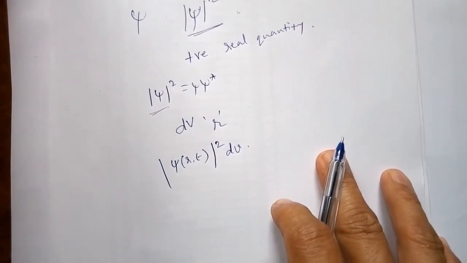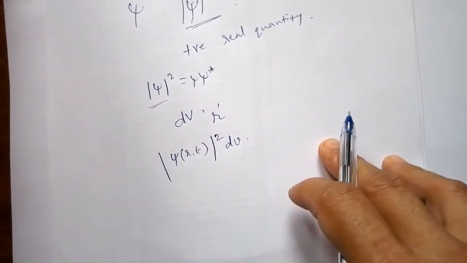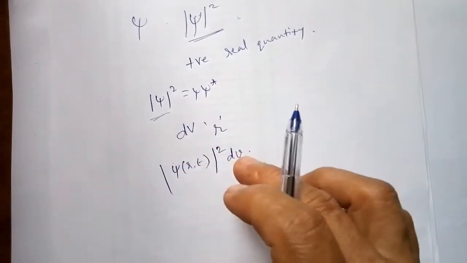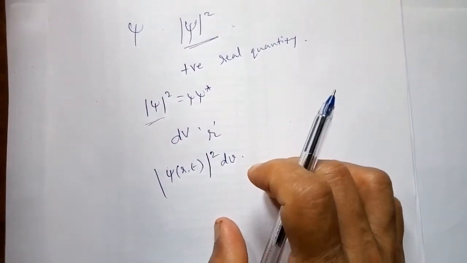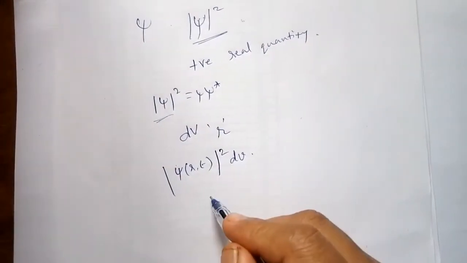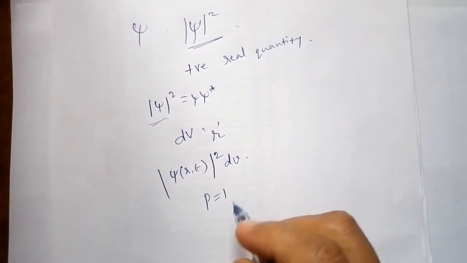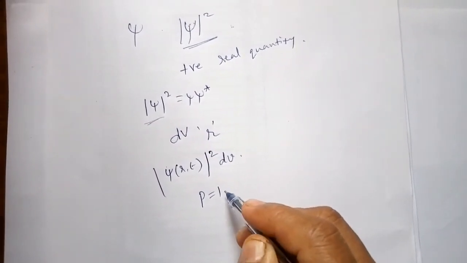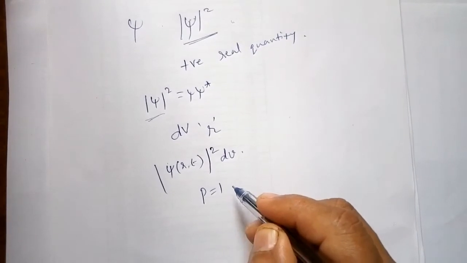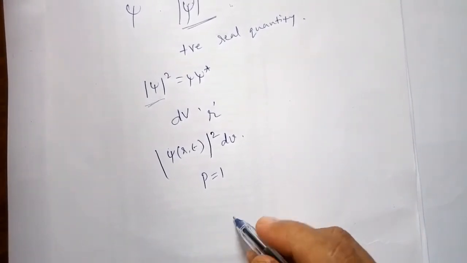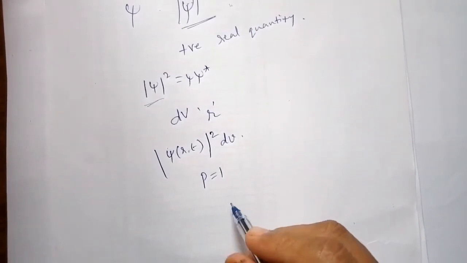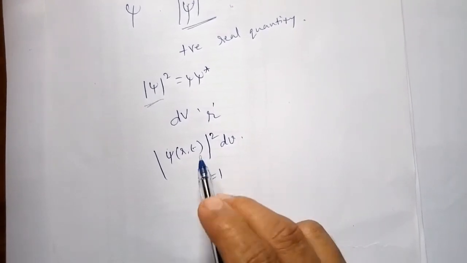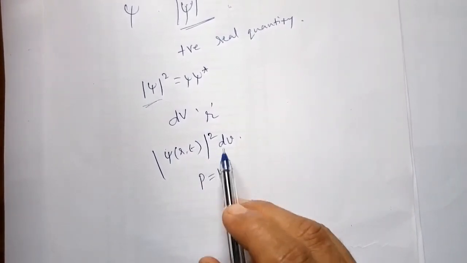Since the particle is certainly somewhere in the space, somewhere in the given region, the probability P is equal to 1. That is represented as the integral of modulus psi of r comma t whole square dV.